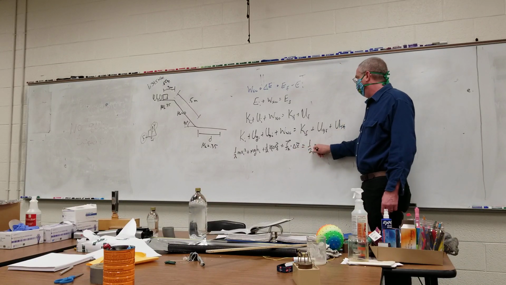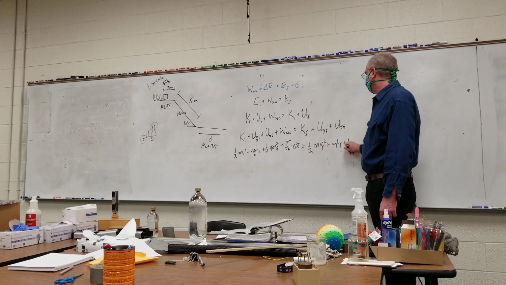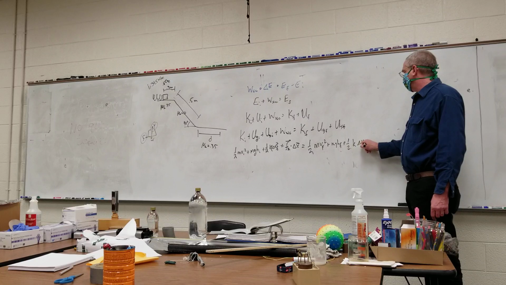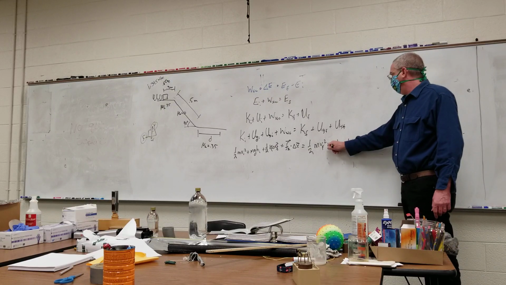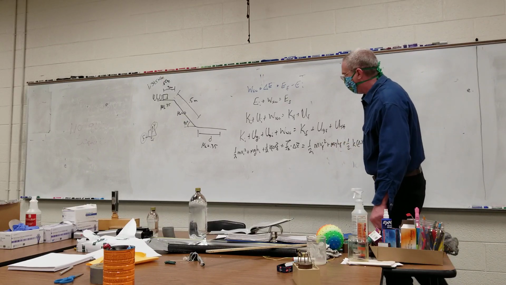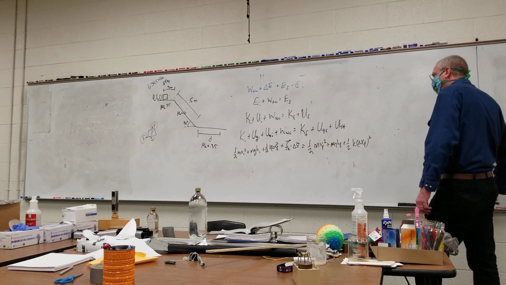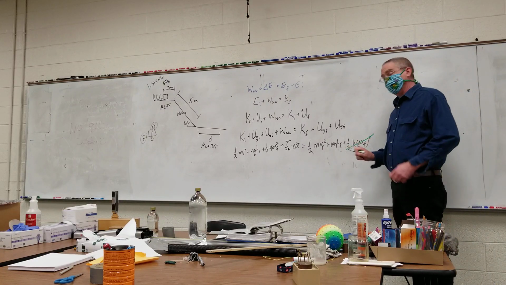equal to 1/2 mv final squared plus mgh final plus 1/2 k delta x final squared. Oh, that's it. All right, what can we get rid of? Final spring tension. Or final spring.